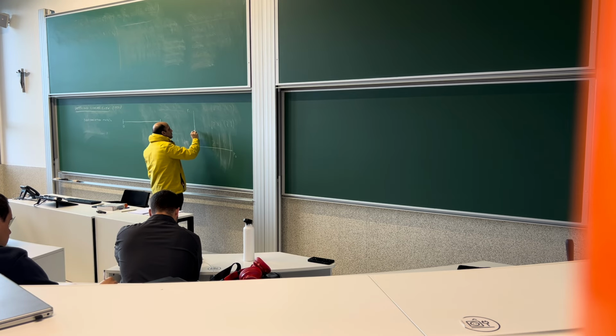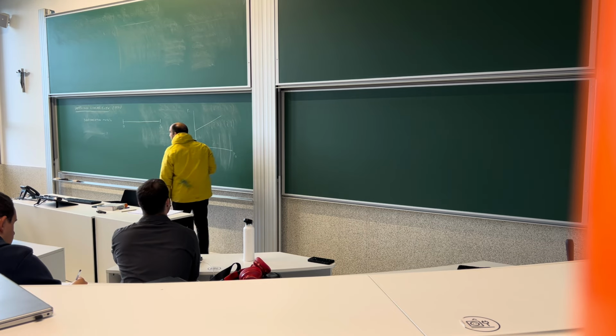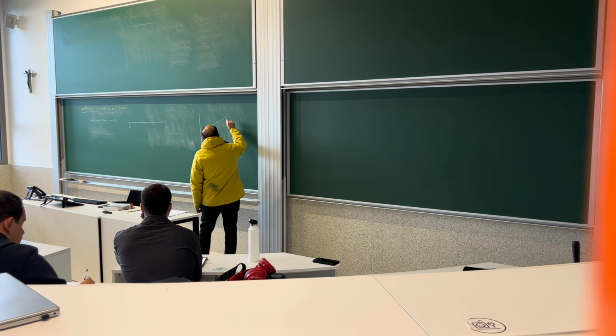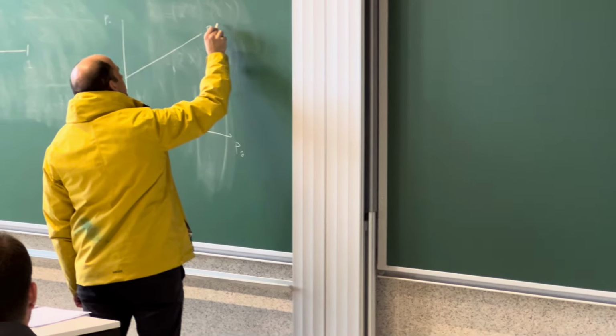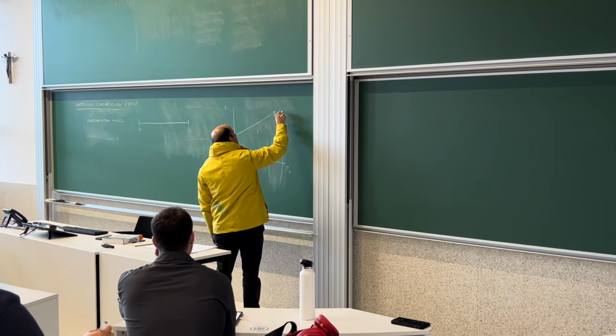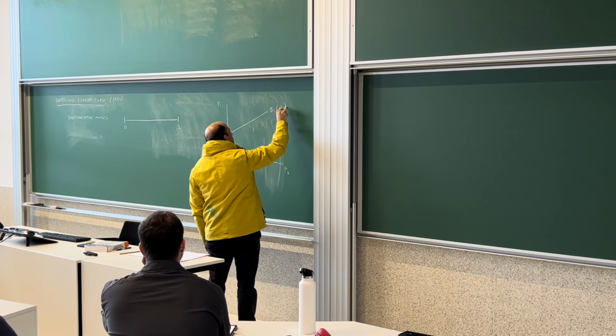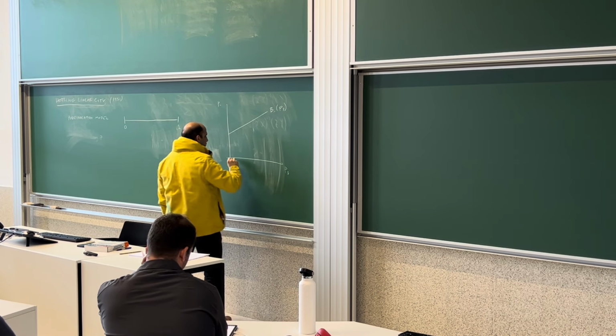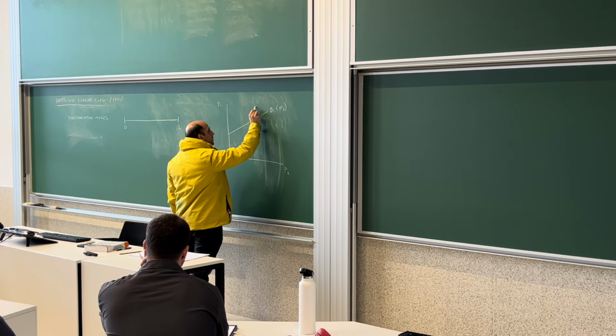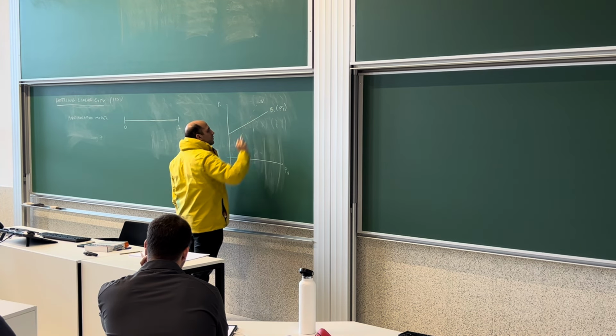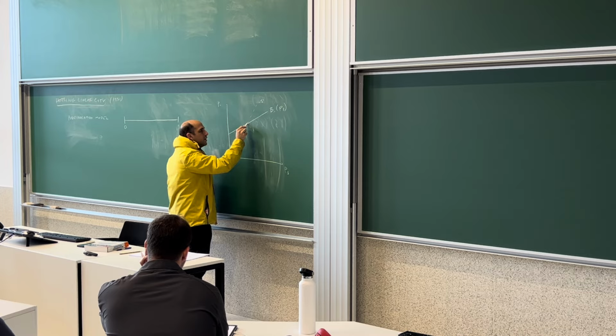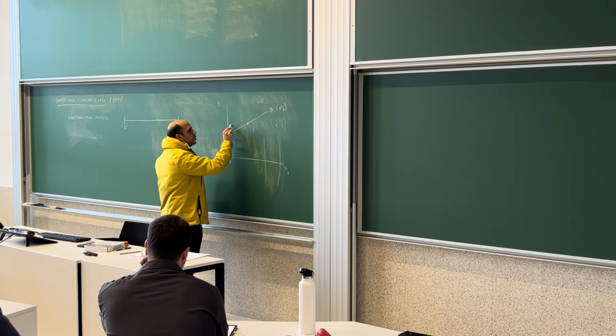The best response function is something like this. This is the best response for i as a function of pj. Then the Nash equilibrium is where this crosses the 45-degree line. Why? Because that's the fixed point, right?